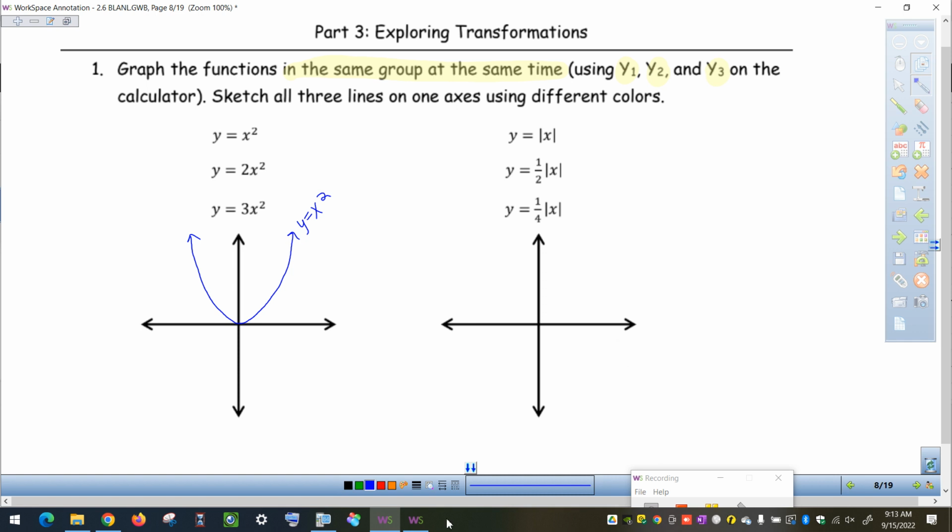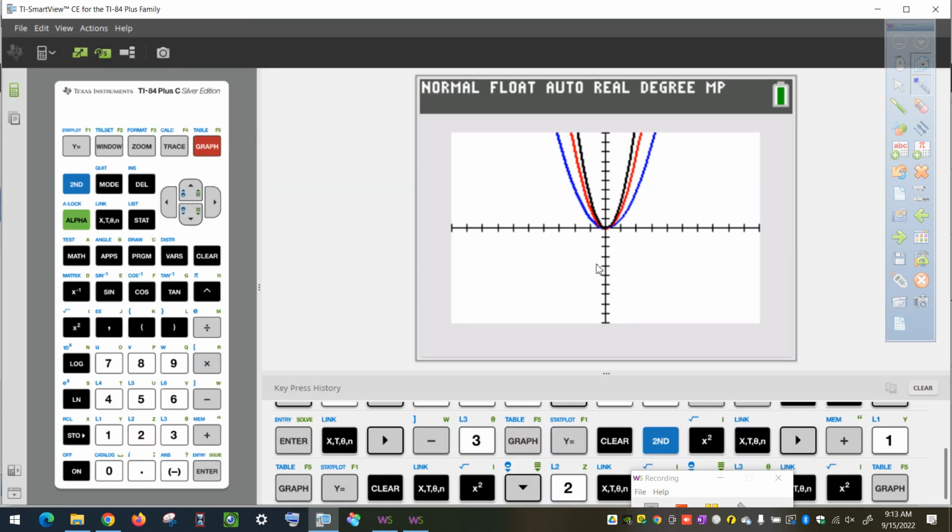All right, the second one that I typed in was the one with the 2 in front. Notice how it's getting a little bit skinnier, a little bit narrower. That's going to be the red line. So the red line that I'm displaying here was the 2x squared, and then the black line is even a little bit narrower on the inside. That's the one with the 3 in front of the x squared.